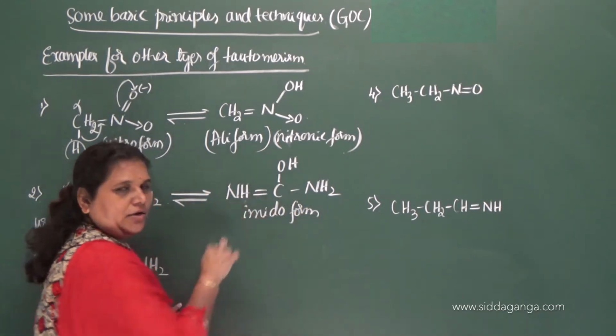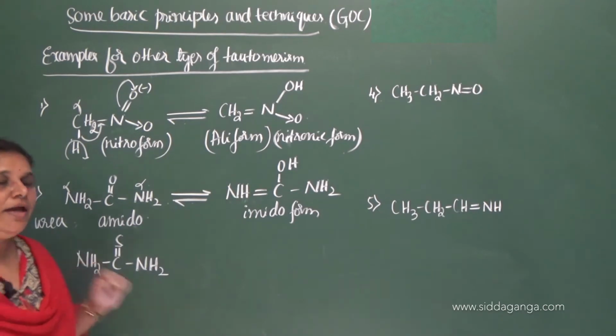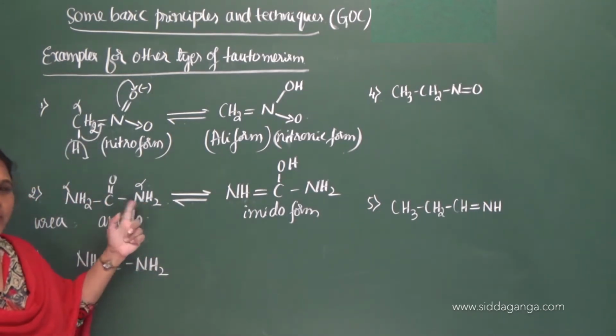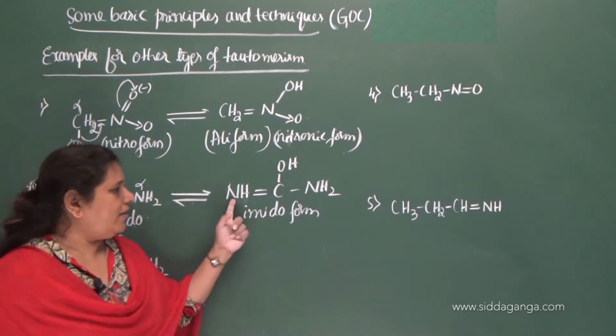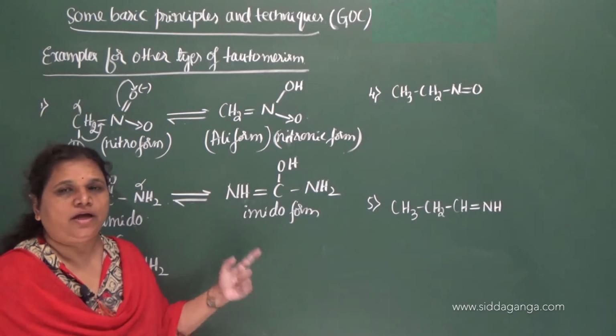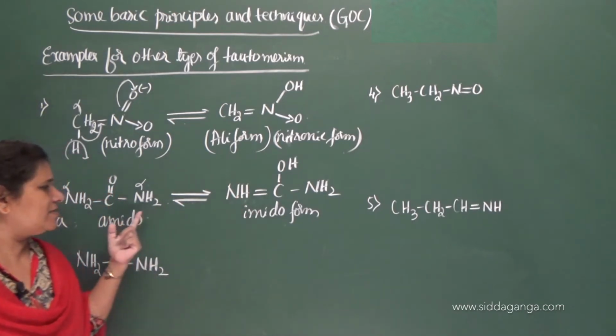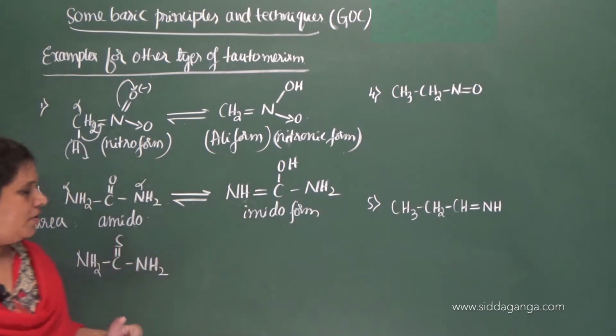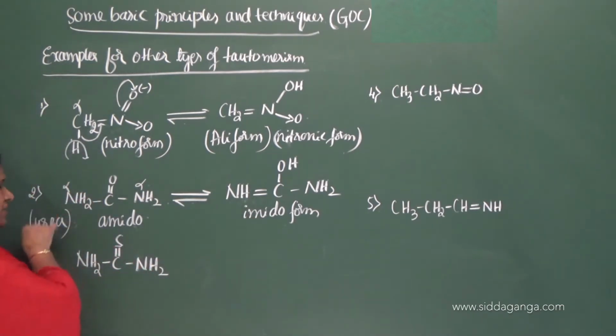Amido, imido. NH is imido. Because NH2 is there it is amido, and because NH double bond is there it is imido, secondary, and this is primary. Okay, amido and imido form. So the example for that is urea.